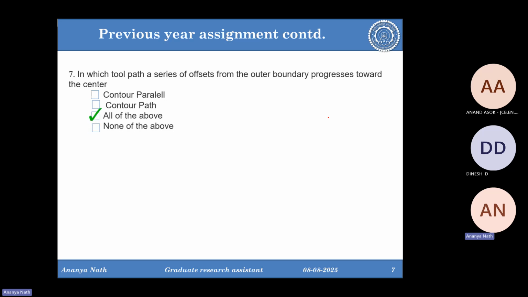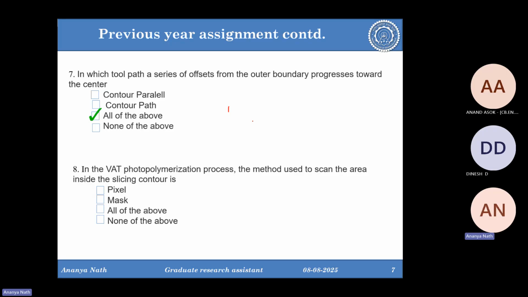In which tool path does a series of offsets from the outer boundary progress towards the center? Contour parallel, contour path. In both cases, contour parallel means just contour with parallel lines, and contour path means the same, because even if your geometry has curved surfaces, it will just have the contour and it will reduce the size of the contour till it reaches the center.